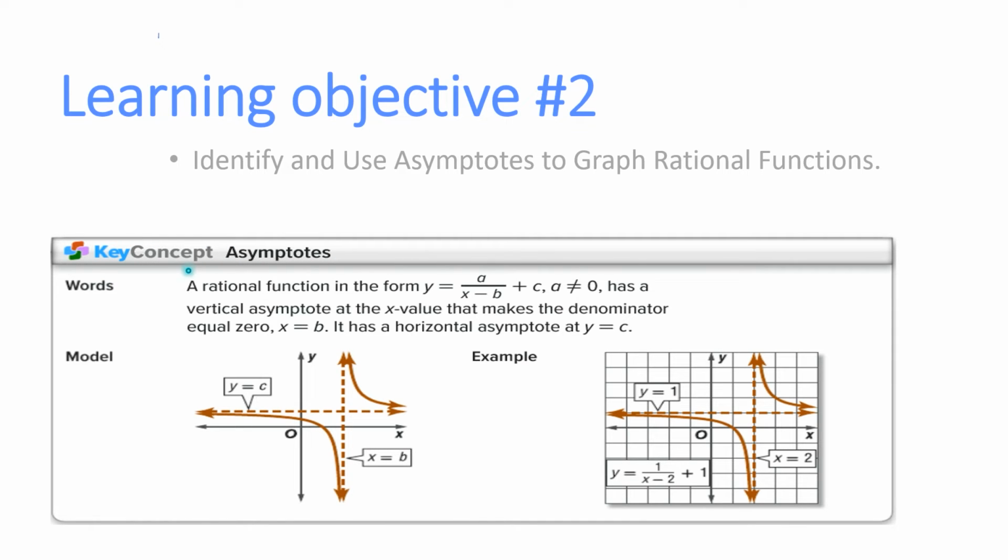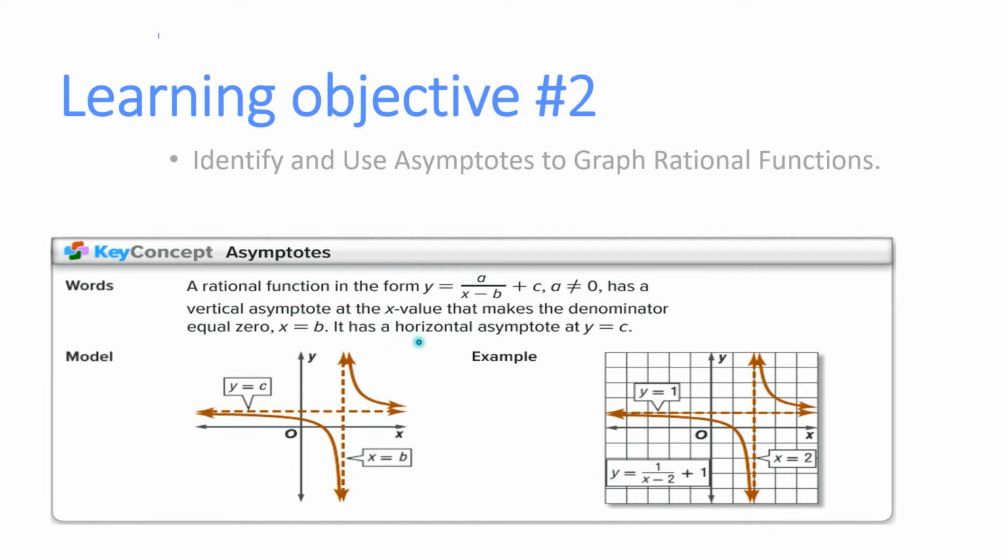What are the key concepts here? What is an asymptote? An asymptote is a line that a curve approaches as it heads towards infinity. That means a rational function in the form y equals a over x minus b plus c, where a not equals 0, has a vertical asymptote at the x value that makes the denominator equal 0, that is, x equals b.